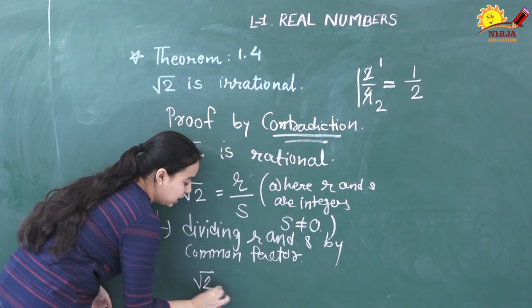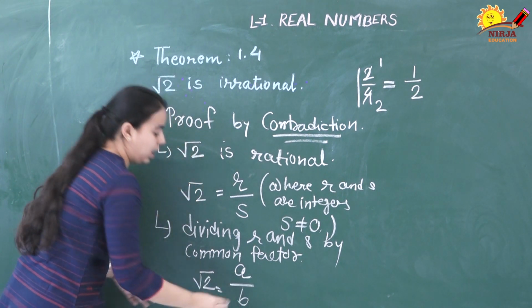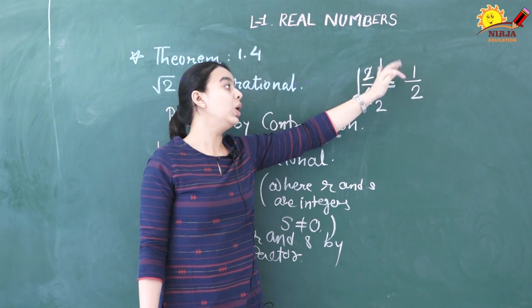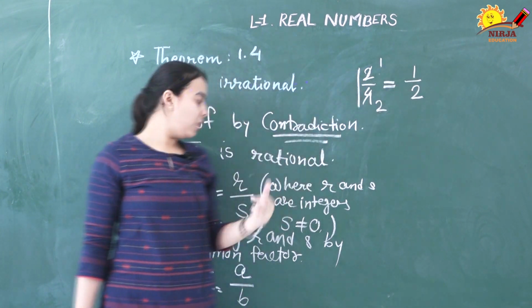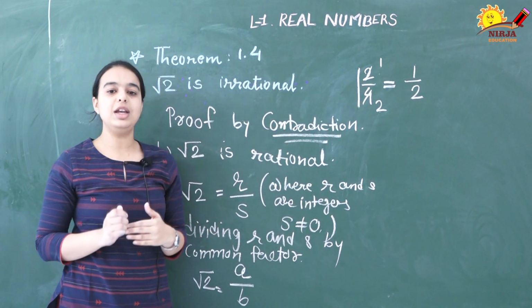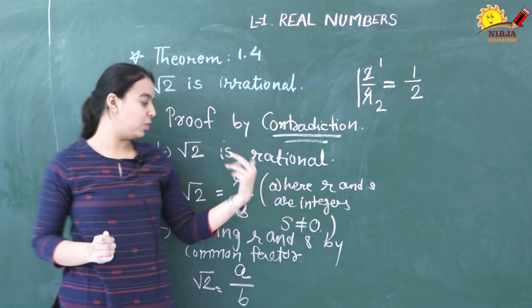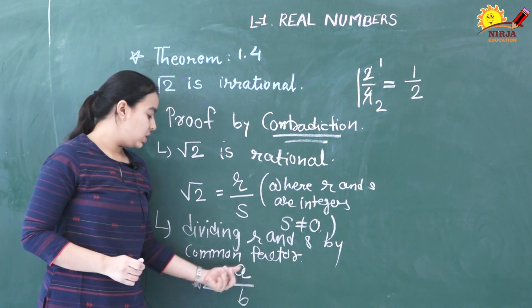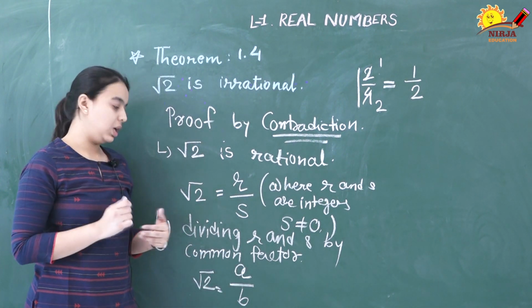So suppose those integers are a and b. Here I divided 2 by 4 by the common factor 2 and got 1 by 2. In the same way, if r and s have any common factor and I divide r and s by it, then I get a and b as new integers.